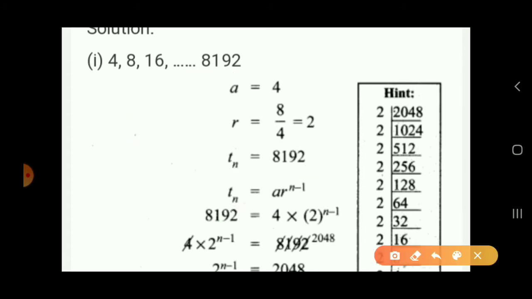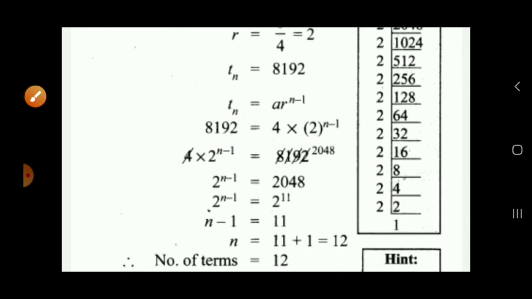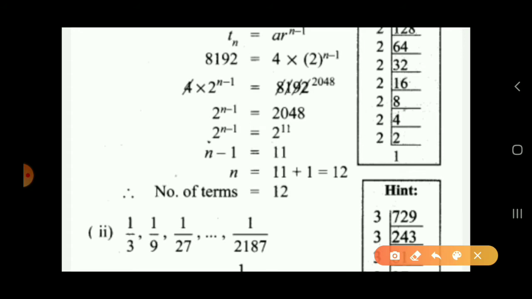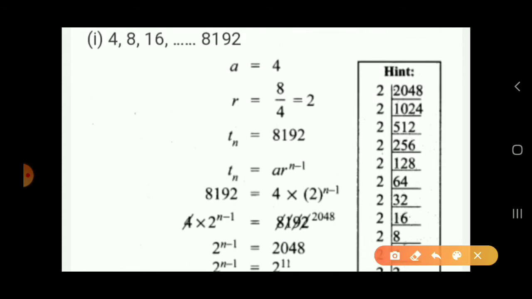Tn is 8192, A is 4, R is 2, and we need n. Next, this 4 and 8192 cancel, giving 2048. The remaining is 2 power n minus 1 equals 2048, which can be explained by dividing.